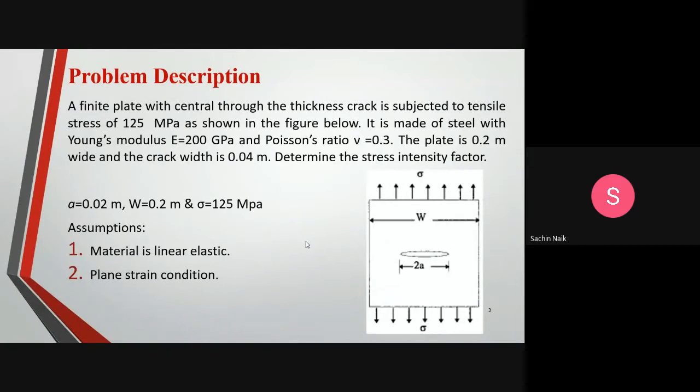Since we are interested in finding out the SIF, and obviously our interest is to find out something which can be regarded as the property at the moment, you can make the assumption of plane strain conditions to exist in the problem.